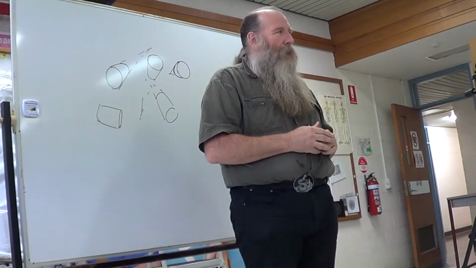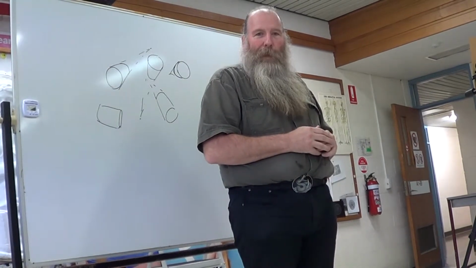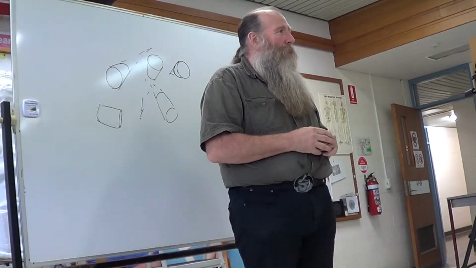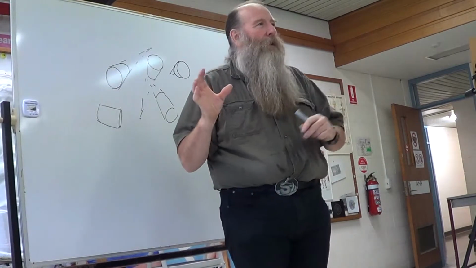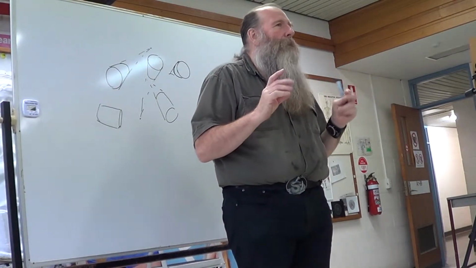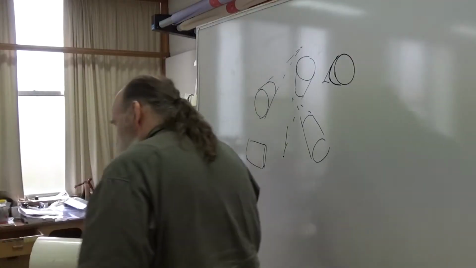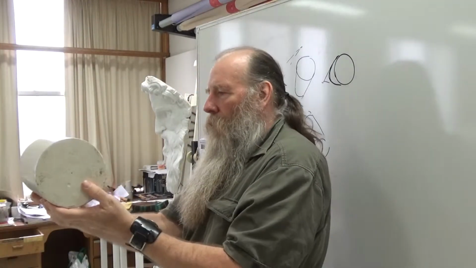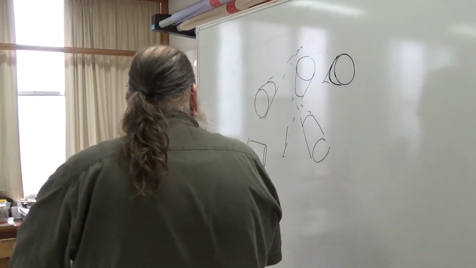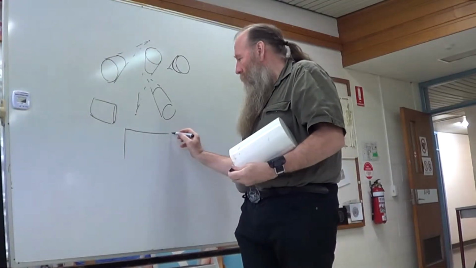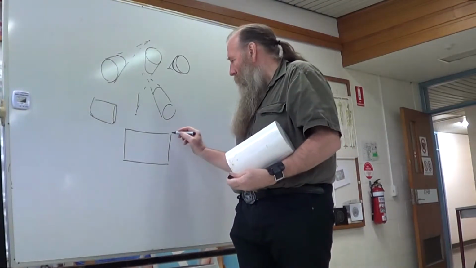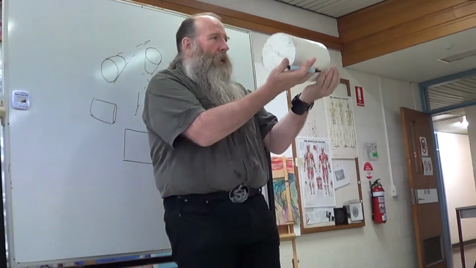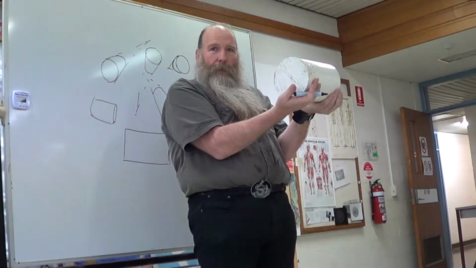And for those who are not quite sure what foreshortening is, I should grab a cylinder, shouldn't I? Okay, so if I look at the cylinder like that, what I'm seeing is pretty much a rectangle. I'm seeing the sides, I'm not seeing the ends.